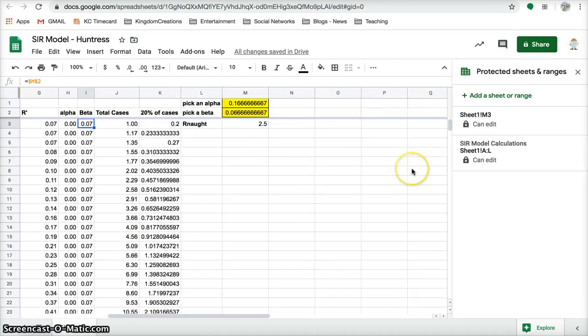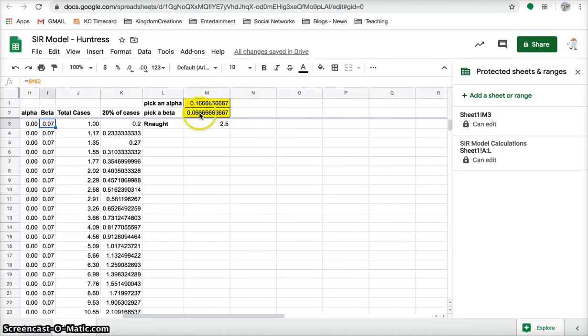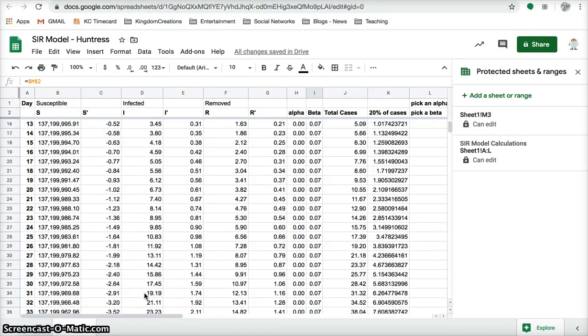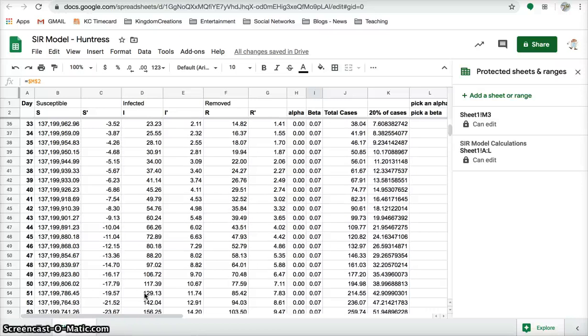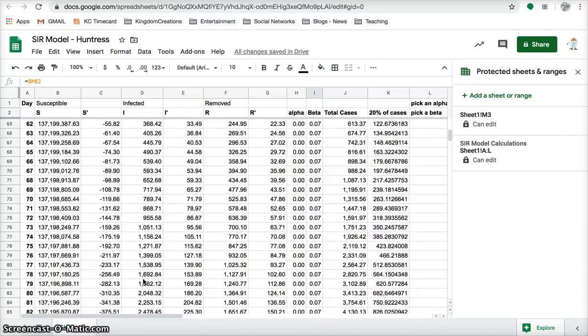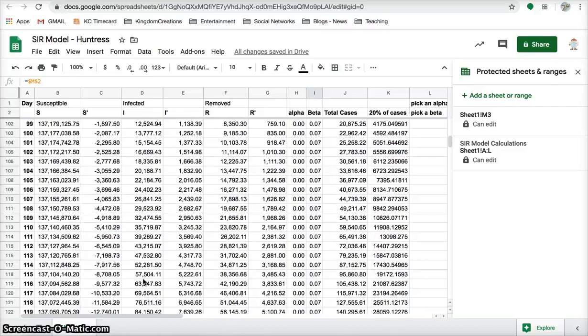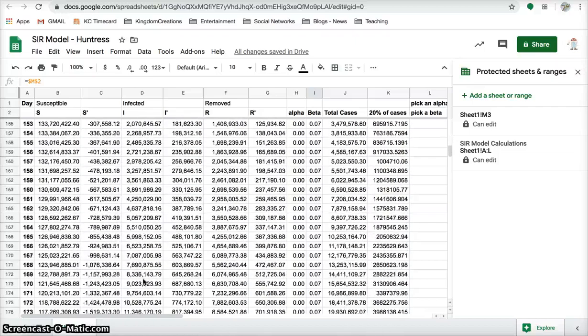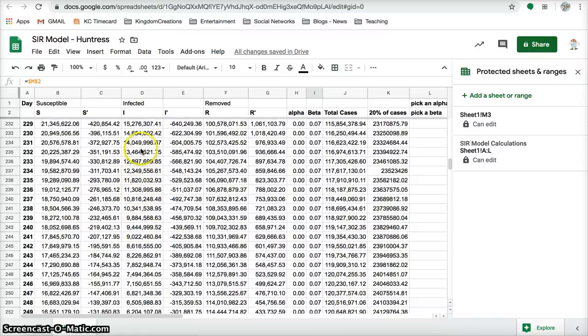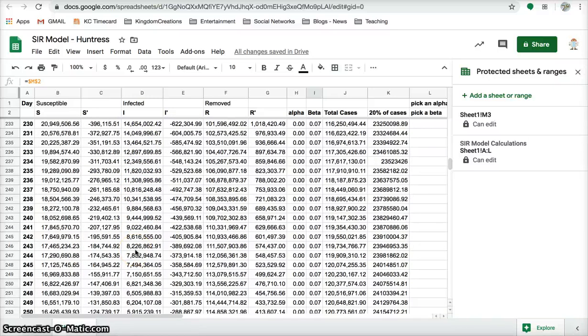If we look at putting in our alpha and beta, we can go through and look at the number of infected people per day, and we can see as this column here is the number of infected people how it rises. We're getting up into the thousands, hundreds of thousands, millions, and then it actually at some point starts to decrease.